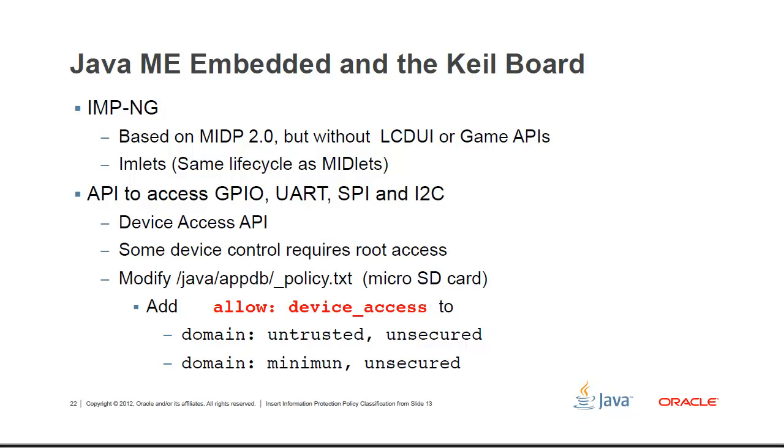This is the permission you will need for your applications to use the device access APIs. Even if your application is untrusted, unsecure, or has the minimum privilege, it will allow the application to use the device access API.